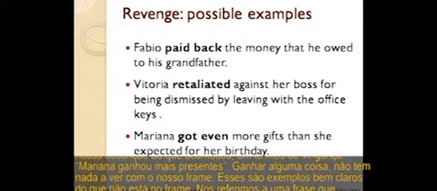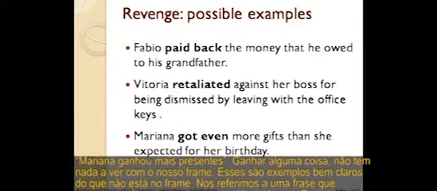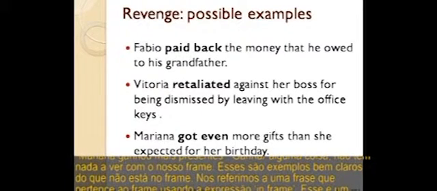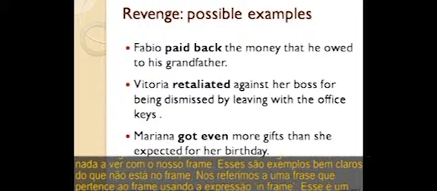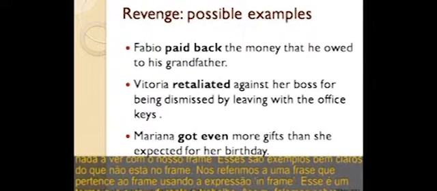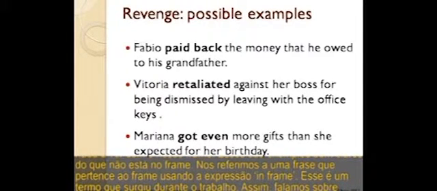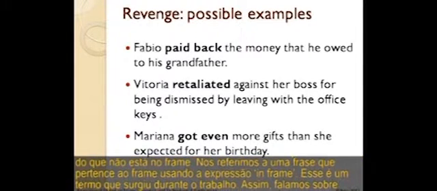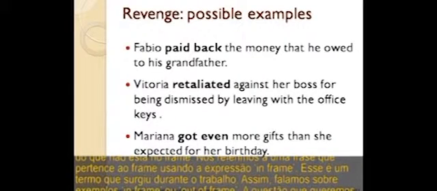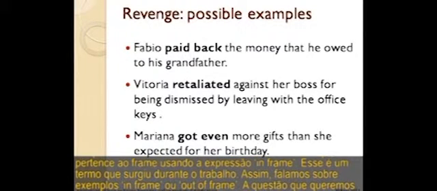A sentence that does belong to this frame we talk about as being in frame. That's a term that came up in the course of our work. We talk about in-frame examples and out-of-frame examples, right? So the question that you want to ask at this point is, what are the roles?